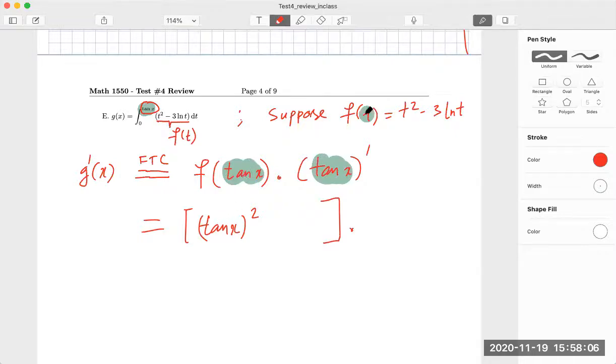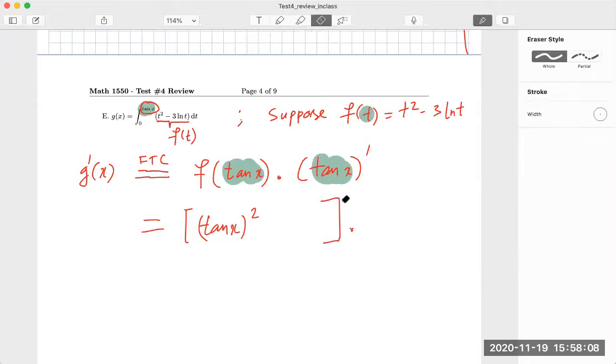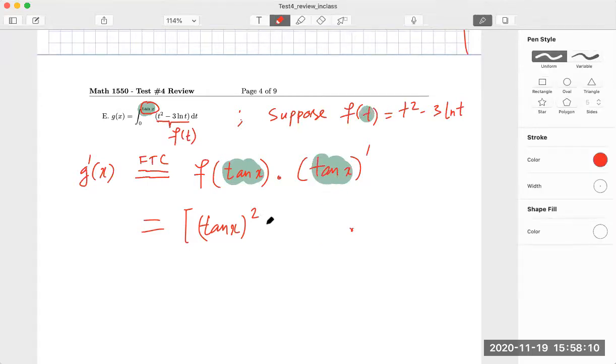Because here is t, the input squared, and subtract 3 times the ln of the input. And the input in this case is 10x. They play a similar role, just different notation.